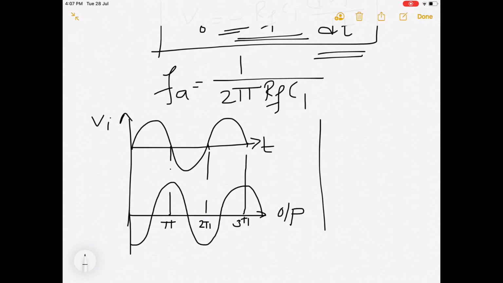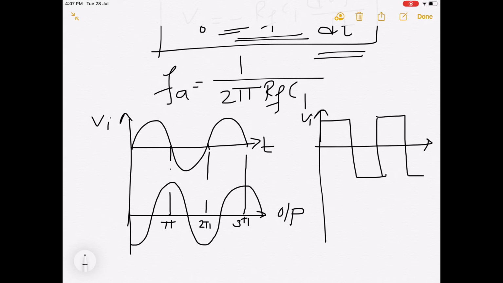If you give a square wave as input, suppose this is your Vi square wave, what will your output be? On the time axis T, for output you will get spikes at the differentiator output.